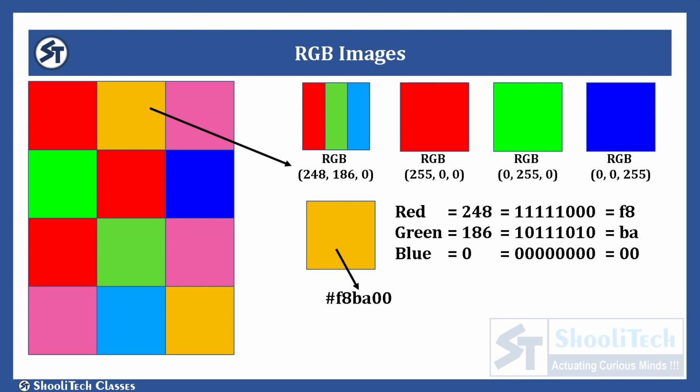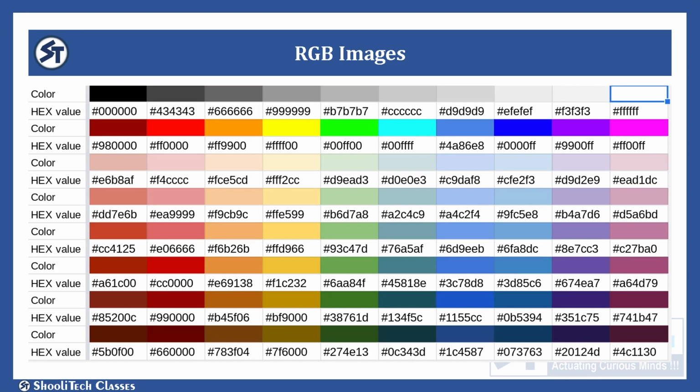Like in the given image, the yellow shade is made up of a combination of three values. The value of red is 248, the value of green is 186 and the value of blue is 0. Now these values are represented in their hexadecimal value, and by combining the hexadecimal values, the color gets its hexadecimal color code as F8BA00, right? In this way, all the colors have their hexadecimal color code.